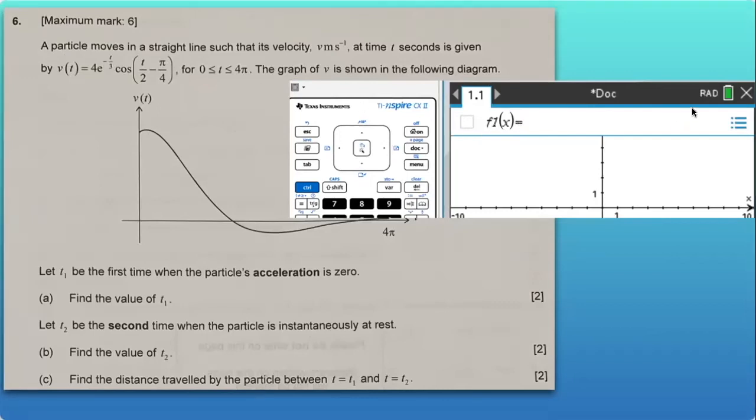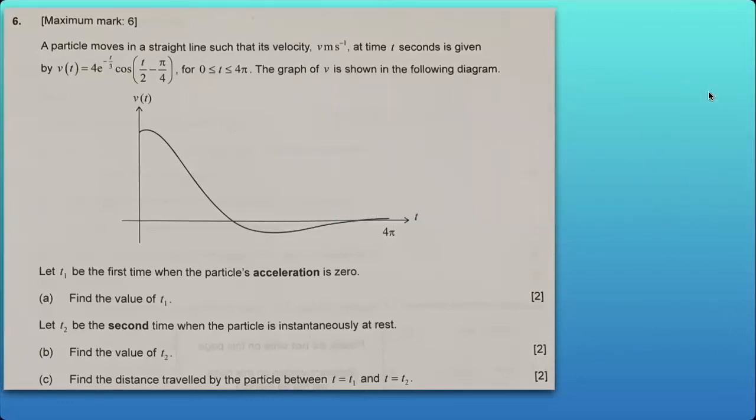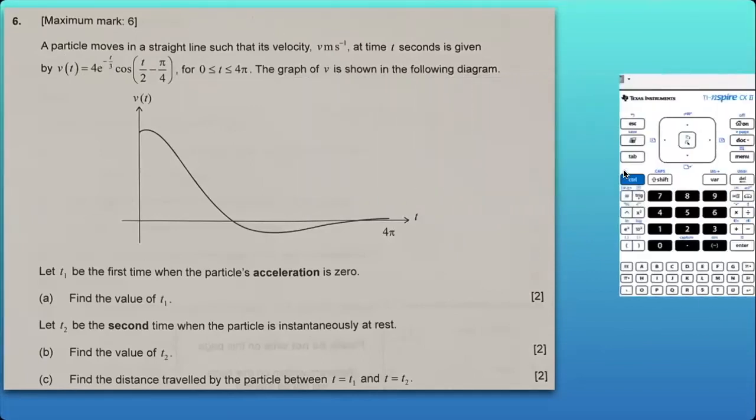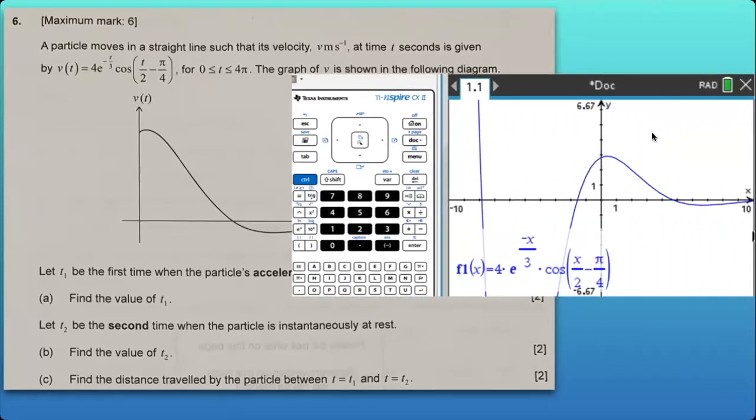And be sure you are using radian, not degree. So let's input the function like so. Again, we change t to x, and then click enter. And we get the same graph.